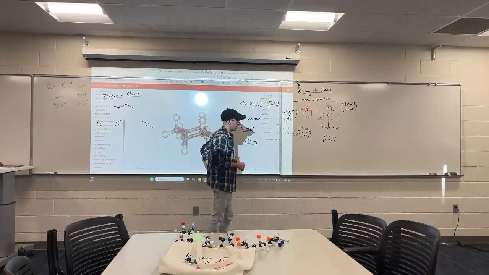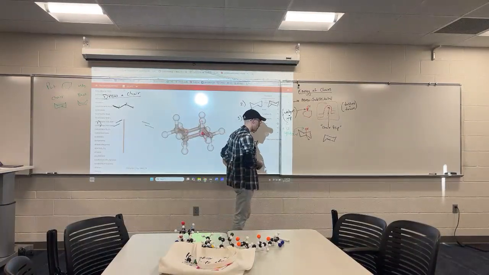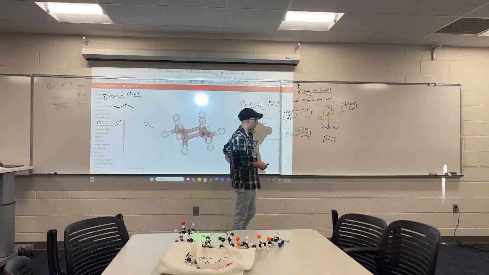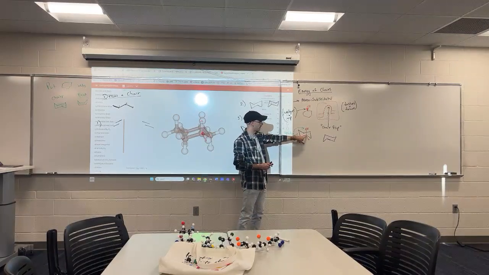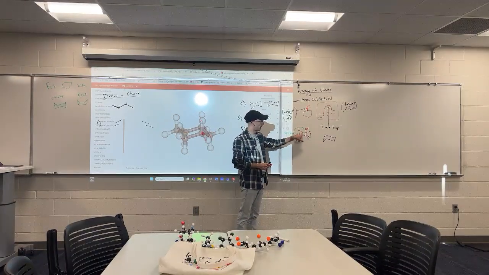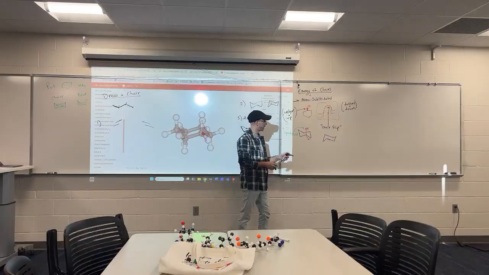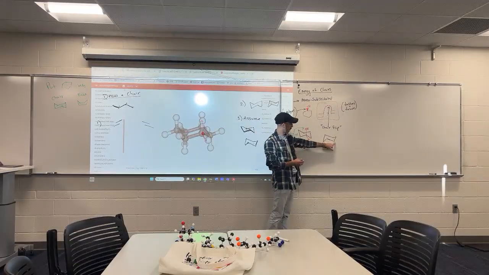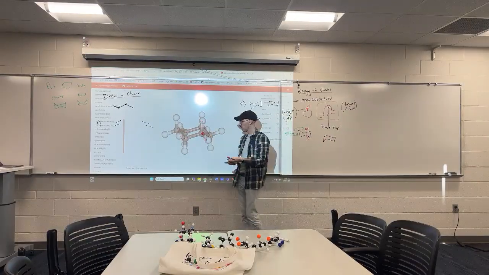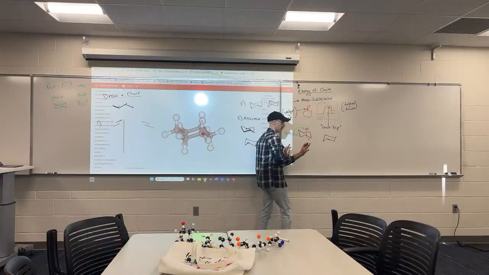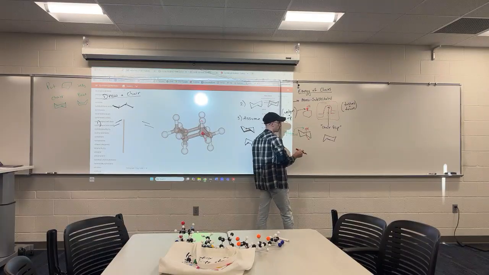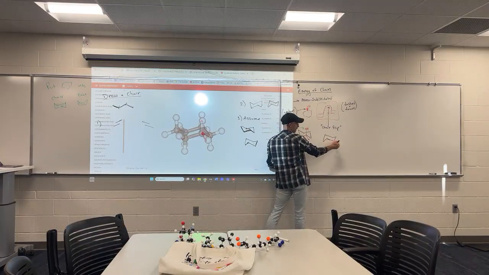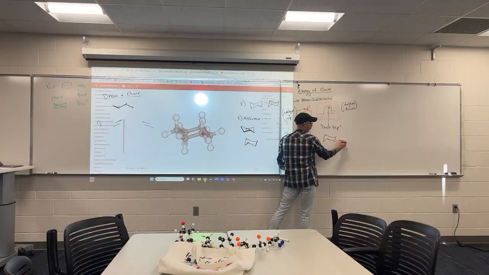After a chair flip, this OH is no longer on one of these carbons that is pointed up, but it's now on a carbon that is pointed down. It doesn't matter inherently which one I choose, but if I choose this carbon here, that OH is still pointing up.